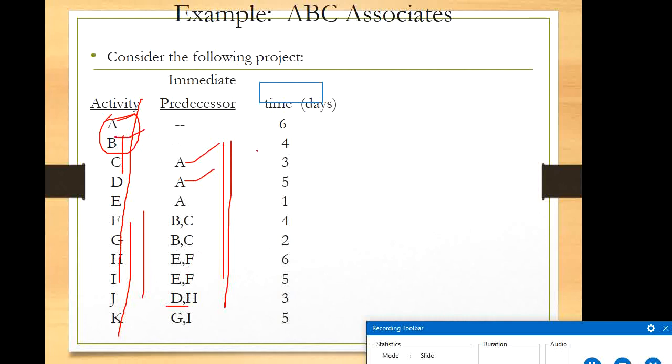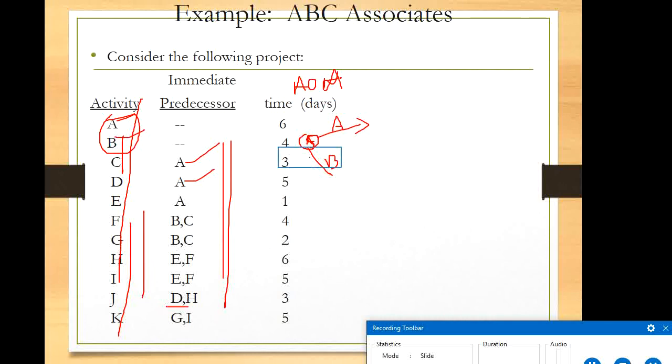Now we draw the network diagram. Sorry, activity on arrow, not activity on node.